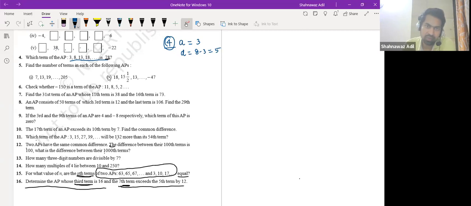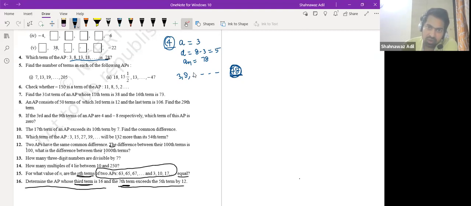N. So is this the number of terms? Which term of the AP is this 78? We have this AP, and then some term is this 78. So this is some term, not the number of terms. Let's say this is the nth term. This is one of the terms.